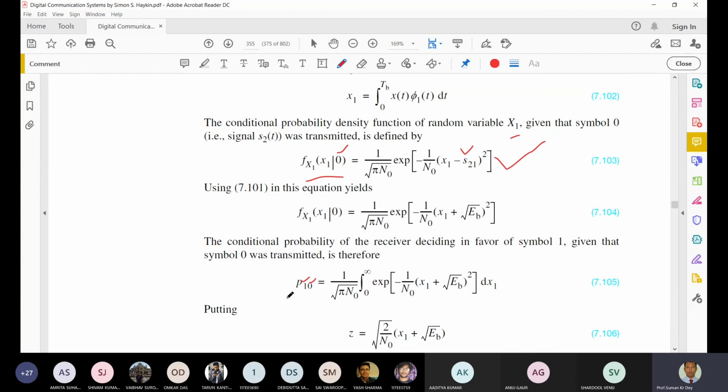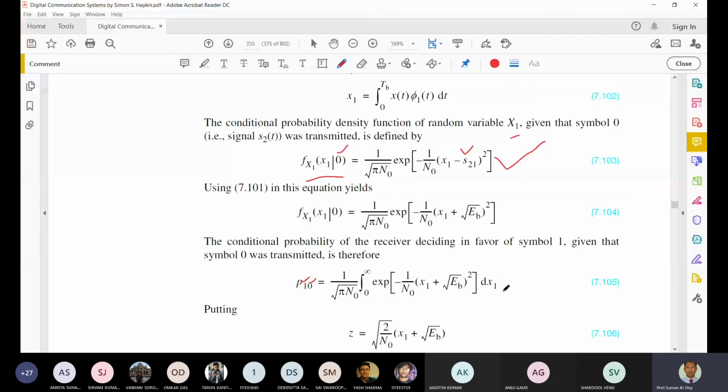So this conditional probability P10 equal to 1 by square root of pi N0, integration from 0 to infinity of exponential of this term into dx1.